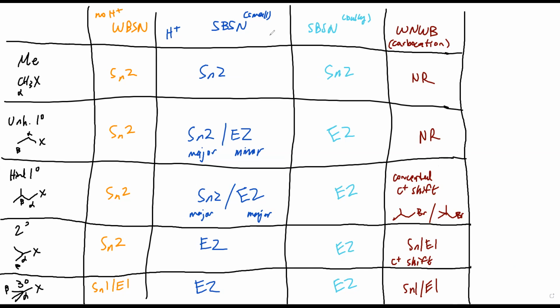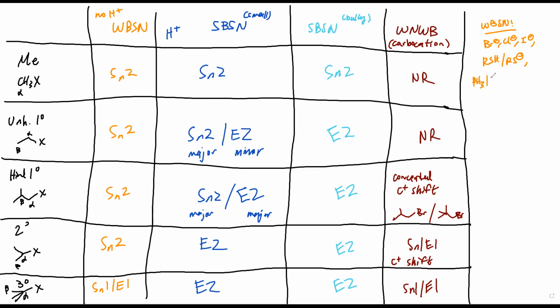All right, and then for weakly basic, strong nucleophiles, what do we expect, right? These are your halogens. So I'll write them out: Br minus, Cl minus, I minus. Anything that's really big is a weakly basic nucleophile. So sulfur in both of its charge states, whether neutral or anion form, will do it.